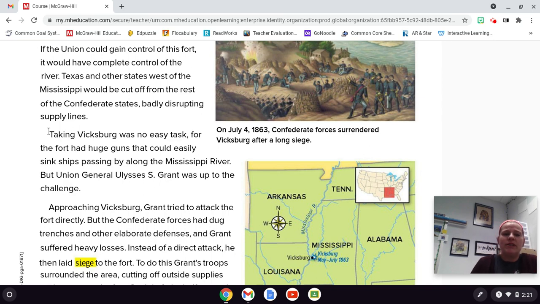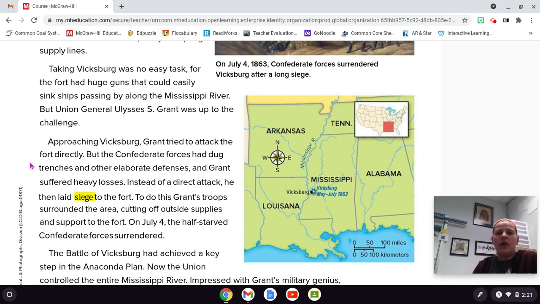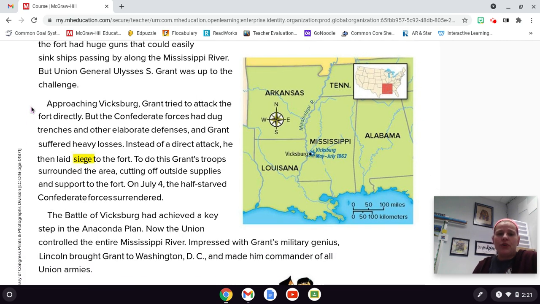Taking Vicksburg was no easy task, for the fort had huge guns that could easily sink ships passing by along the Mississippi River. But Union General Ulysses S. Grant was up to the challenge. Approaching Vicksburg, Grant tried to attack the fort directly, but the Confederate forces had dug trenches and other elaborate defenses, and Grant suffered heavy losses.